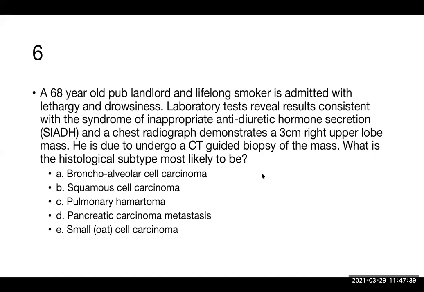One of the subtypes is bronchoalveolar carcinoma. Among them, small cell carcinoma is associated with a lot of paraneoplastic syndromes, but sometimes even squamous cell carcinoma can be associated with some type of paraneoplastic syndrome. So the answer is right.